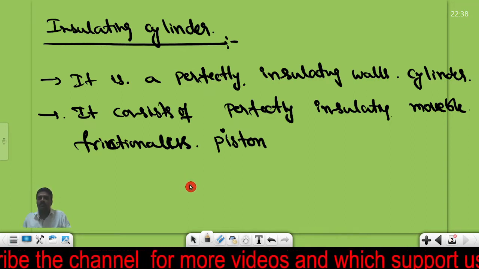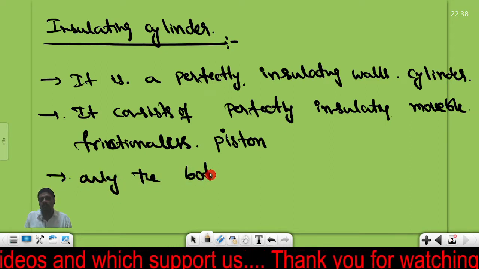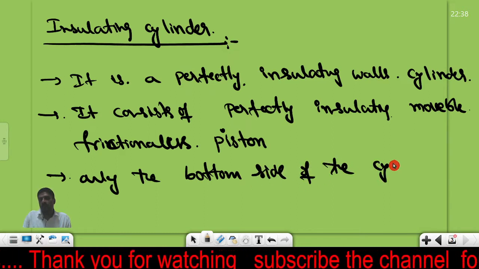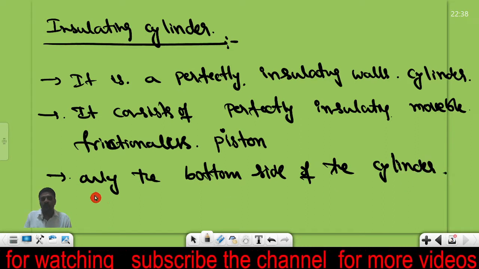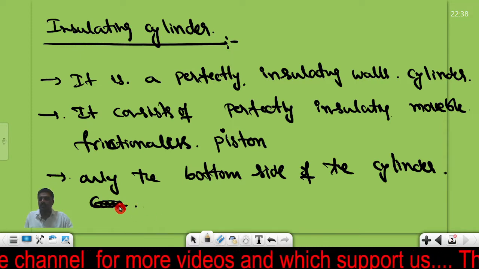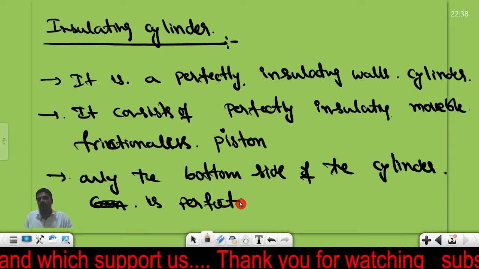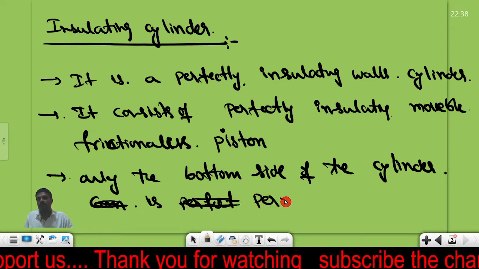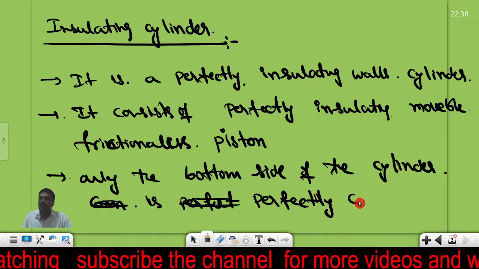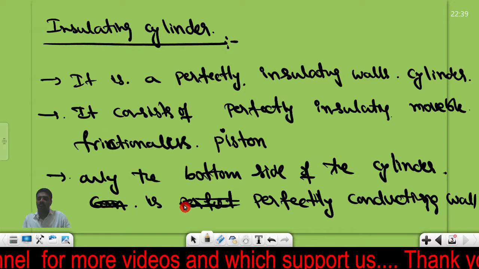And only the bottom side of the cylinder is a perfectly conducting wall.